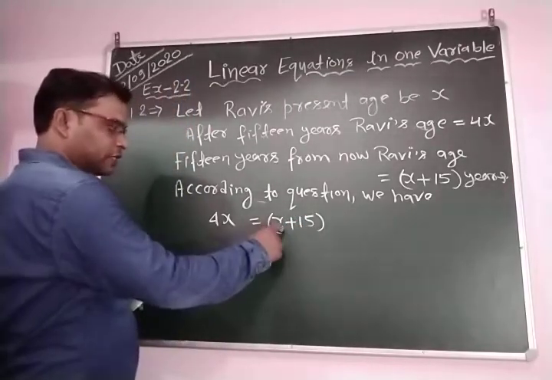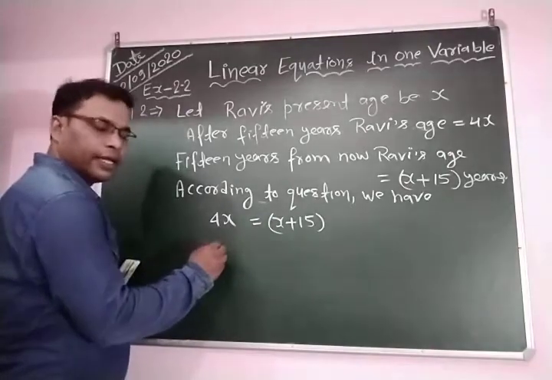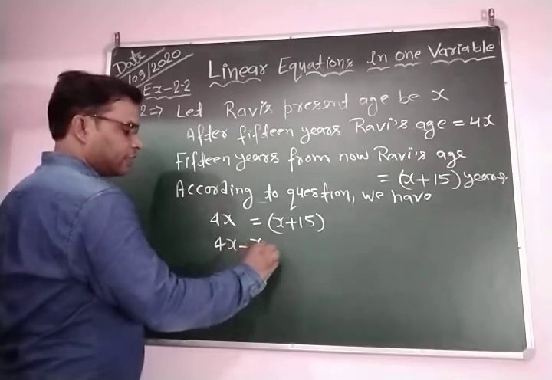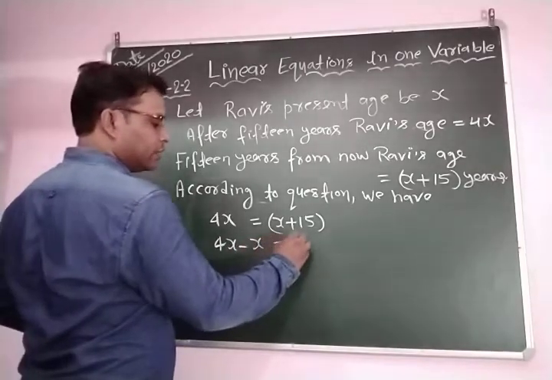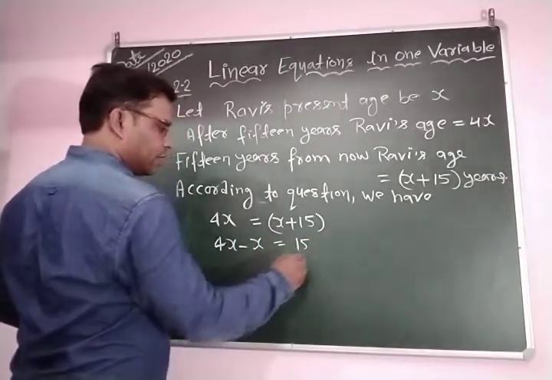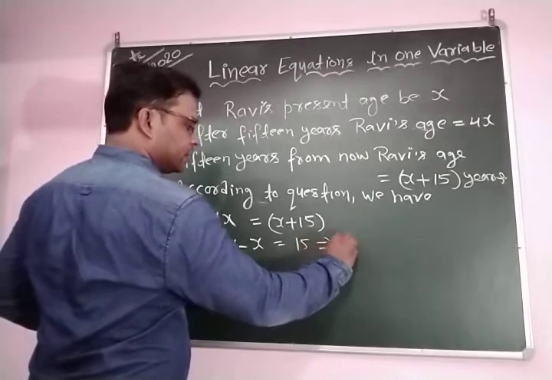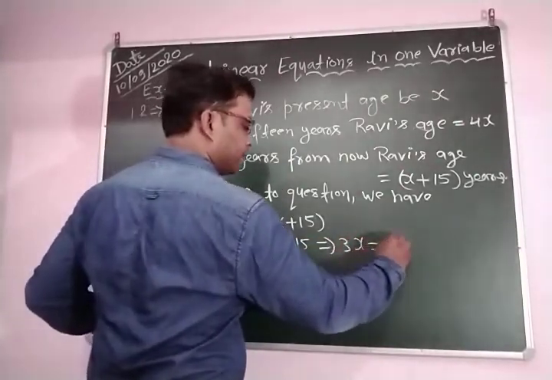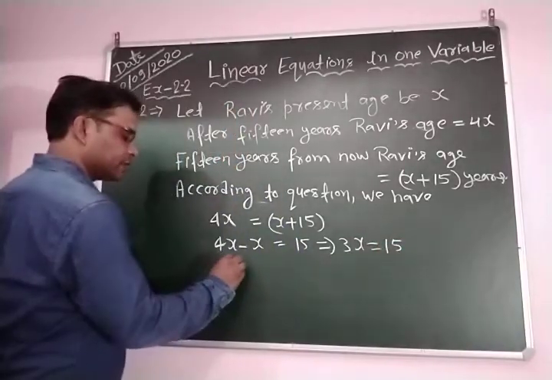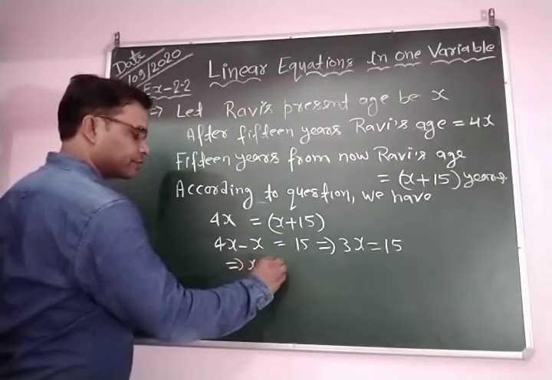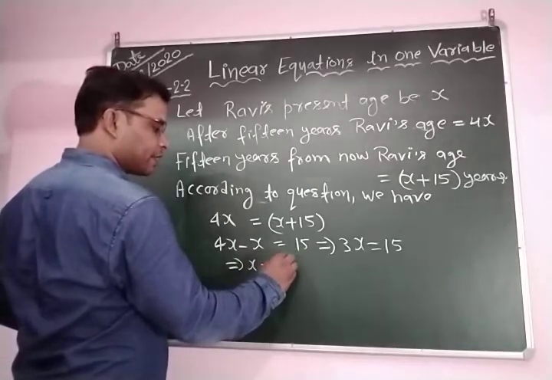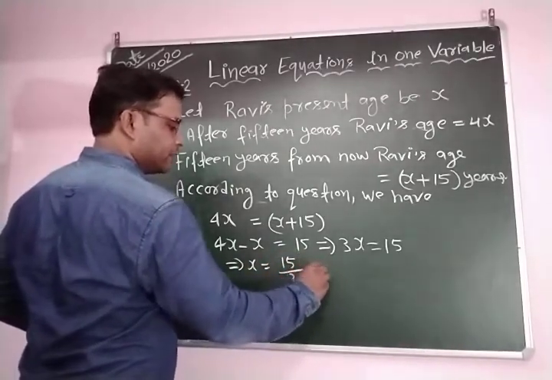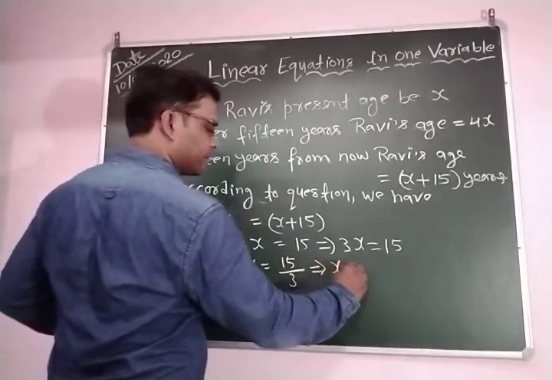If you transfer x to the left-hand side, then we have 4x minus x equal to 15, which becomes 3x equal to 15, or x is equal to 15 by 3. This implies that x is equal to 5.